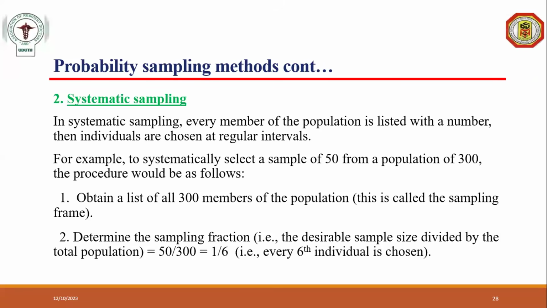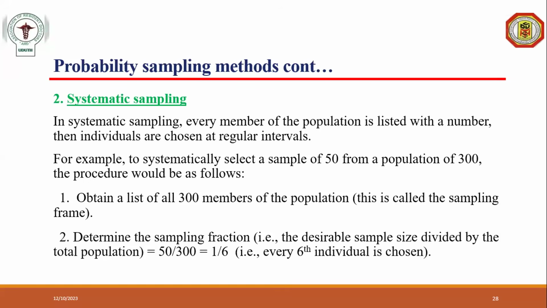Sampling frame is the total number of all the population. For example, in a clinic, the number of people in that clinic is maybe 100. That is the total population in that clinic. So it means your sampling frame is 100.